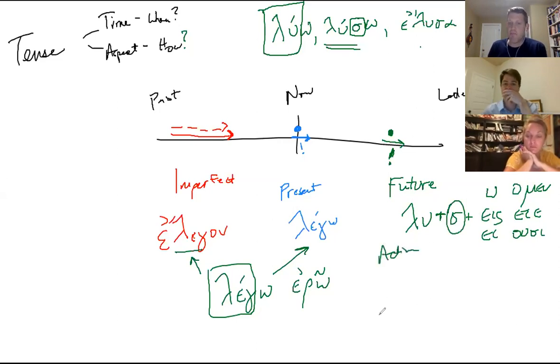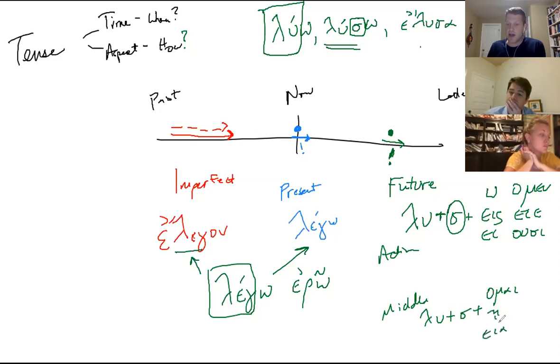For the future middle indicative, same thing: we would have our lu plus our sigma plus those same endings. Lusomai, lusei, lusetai, lusometha, lusesthe, lusontai. Okay, so the exact same. We're not learning any new endings. These are the exact same endings as the present.